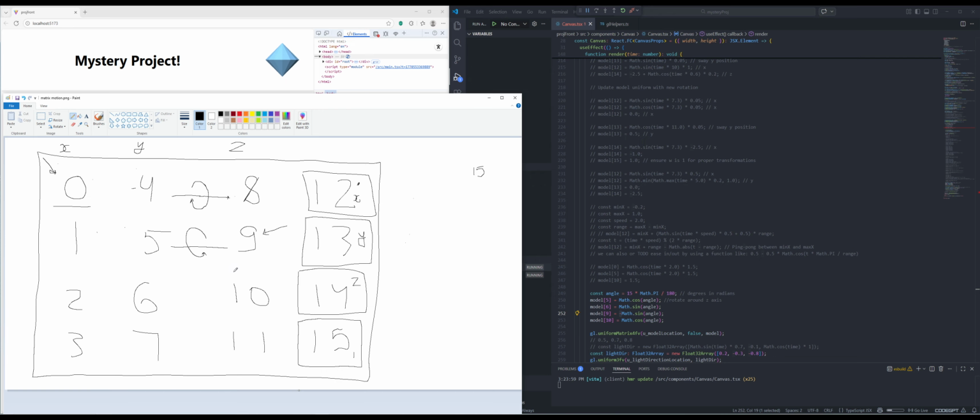I believe right now, that's how I feel, it will be rotating away from us. So not this rotation, but this rotation. Oh my gosh. Okay, let's just look it up.